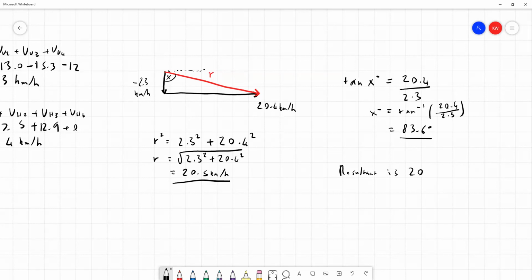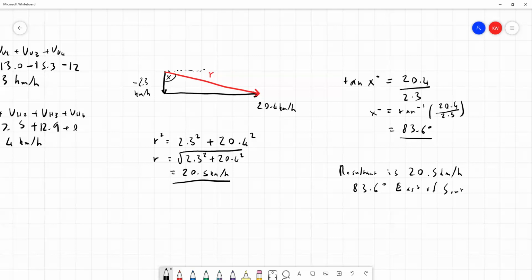So we could say the resultant is 20.5 kilometers per hour, and we could say it's 83.6 degrees east of south, which means from the south we're rotating around 83.6 degrees.